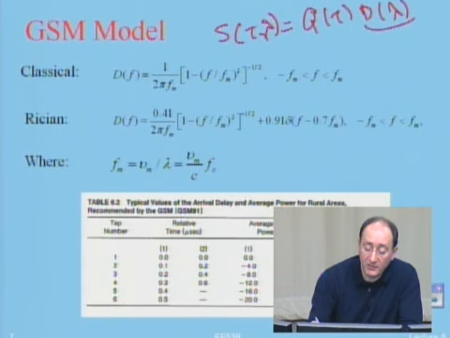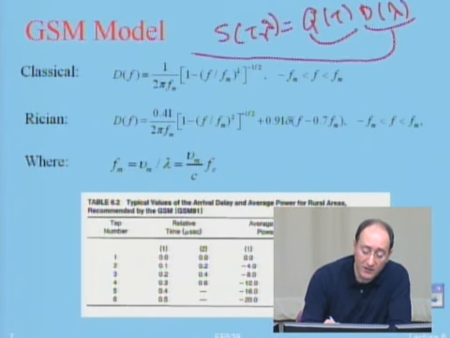This is the Doppler spectrum, and then this is Qs of tau. The Doppler spectrum, they give it something like this.